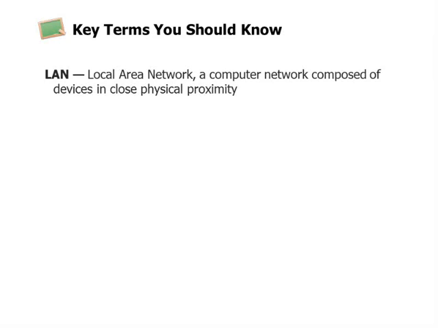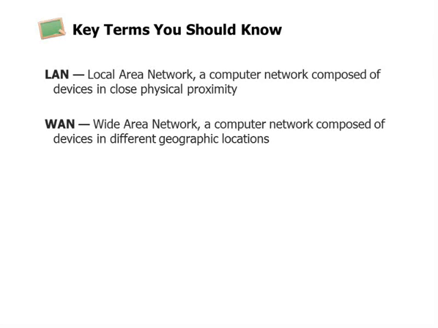So let's summarize. First, a LAN is a local area network. This is a computer network composed of devices in close physical or geographical proximity, typically a room, a floor, a home, a building, and so forth. A WAN, or wide area network, is a computer network composed of devices in different geographic locations. It could be across town.